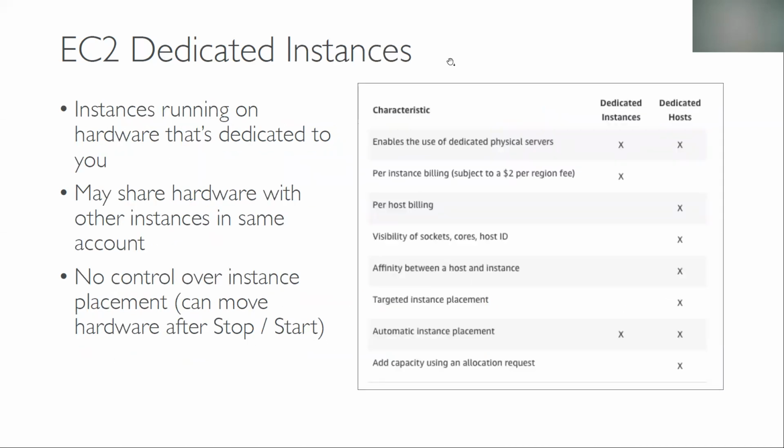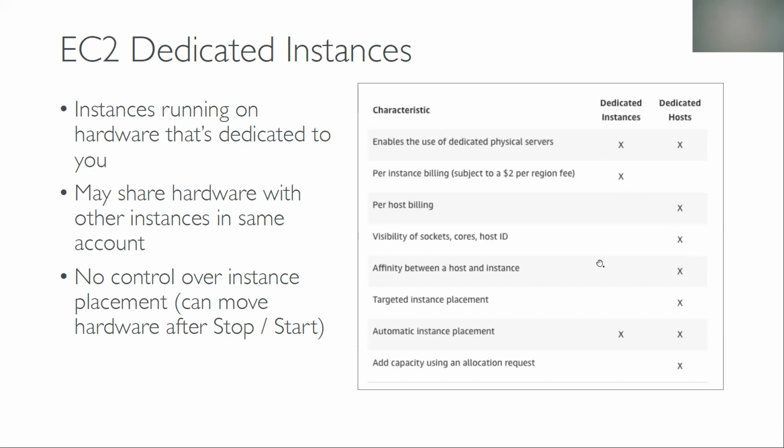EC2 Dedicated Instance. So, enable the use of dedicated physical server. Yes. No? Pero ang dedicated instance, hindi yun per host billing. Okay? And visibility of sockets, kung ano yung inalat sa'yo, let's say dalawang Intel Xeon na quad core each. So dalawang quad core, meaning 8 cores, no, CPU, dedicated, available.